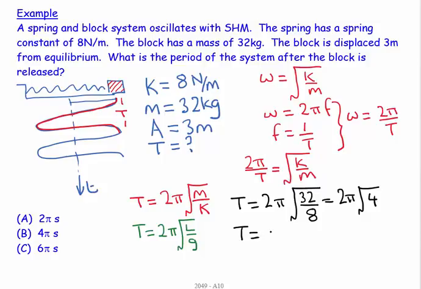So T is equal to 2 pi times 2, which equals 4 pi seconds, and pi is about 3.142, call it 3, about 12 seconds. It's going to be about 12 seconds for one oscillation. 32 kilograms is a massive mass. So the number makes sense.